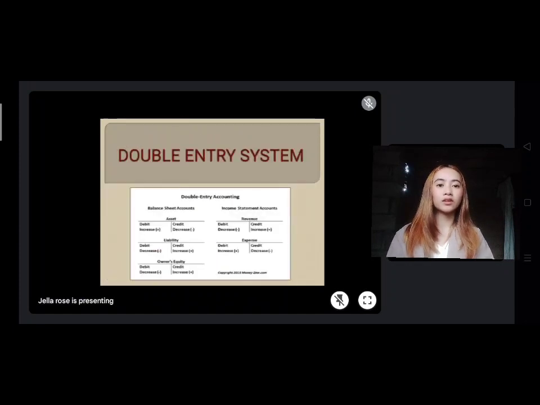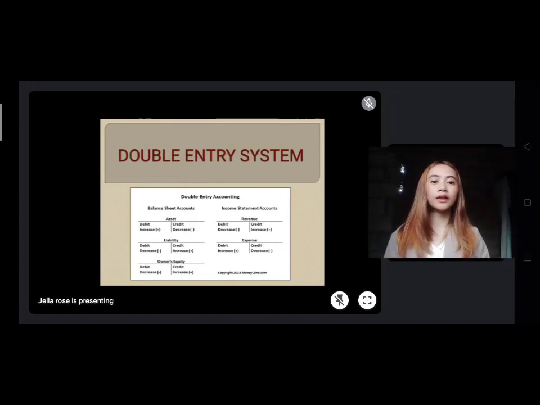Next is double entry system. Double entry has two opposite and corresponding entries that are known as credit and debit. The right side is the credit and the left side is debit.